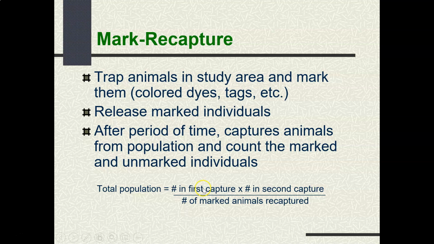So if I capture 100 here and I capture 120 here, then I'm going to multiply those numbers together. And then I'm going to divide that by the number of organisms in that second capture that were marked from the first one. So if I marked 100 individuals, I captured 120 the second time, I'm going to multiply those numbers together. And of the 100 that I marked the first time, I get 75 back. That would be the number down here. And that's going to give us a rough estimate of the population size.